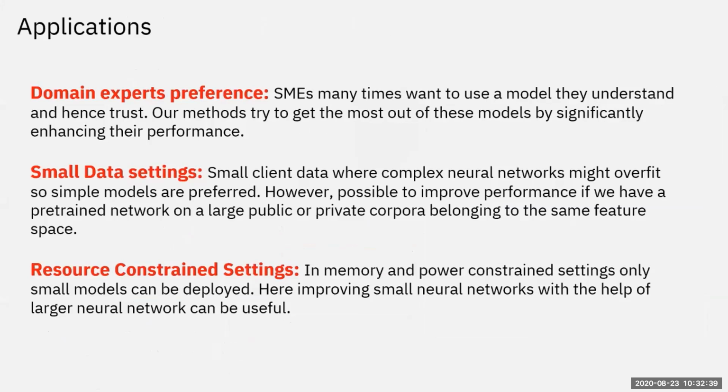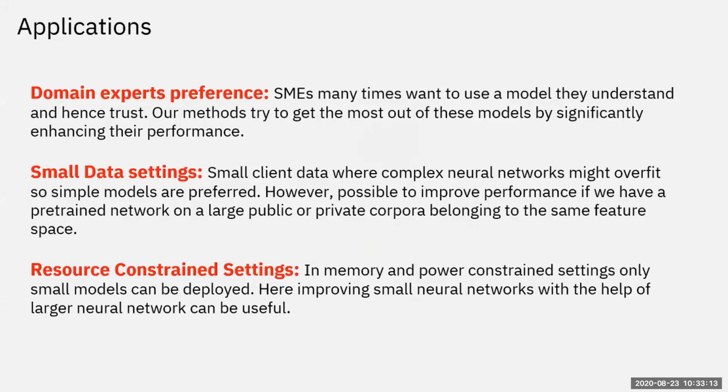So, like I said, there are applications related to interpretability where a domain expert may have a preferred simple model that he or she understands, and does not want to rely on local post hoc explanations, some of which you already saw. The other is in small data settings where you might have a complex or black box model trained on a large public or private corpora, but then you get, say, a small amount of data from a client or from a hospital, and you can only build a simple model on it given the size of the data.